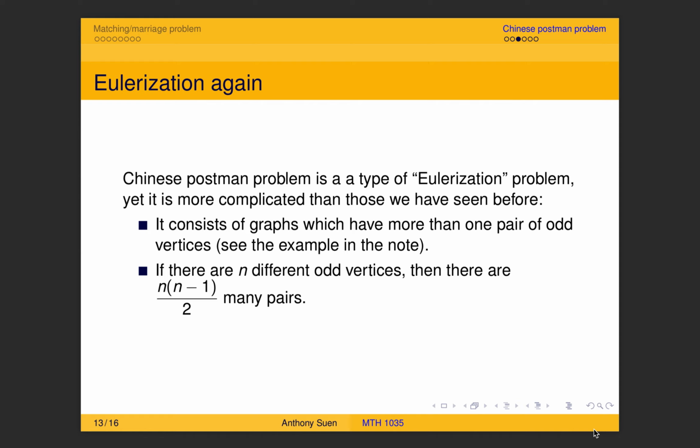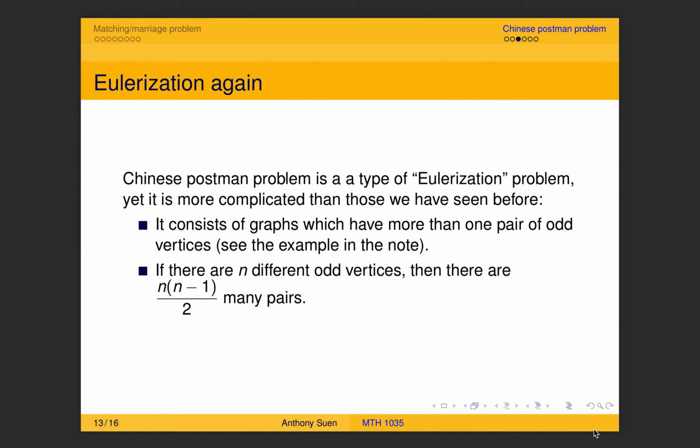If you remember the Eulerianization problem we have seen previously, we do not have that many odd vertices. Usually we just have two odd vertices, and then what we want to do is find a way to deprecate the edge so that after the deprecation, we have a graph with no odd vertex. All the vertices become even.